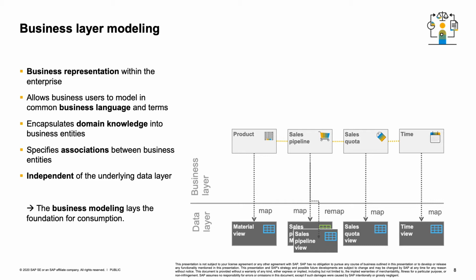Of course, we not only want to introduce an abstraction layer for the business users, but we also want to allow them to express and define relations between those business entities. So you can define that a sales pipeline, for example, has an association towards a product and through other business entities as well.